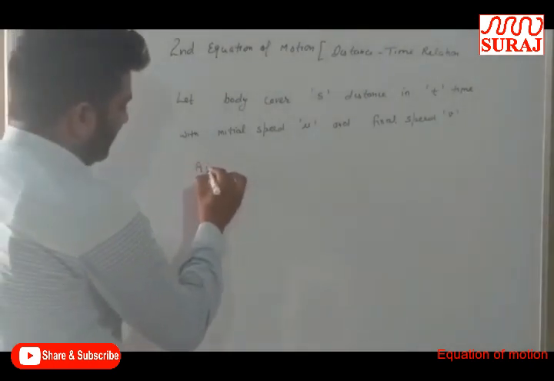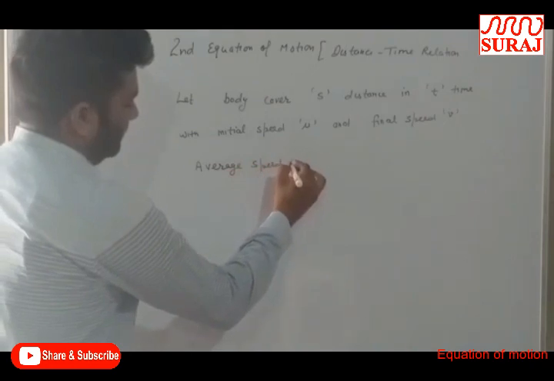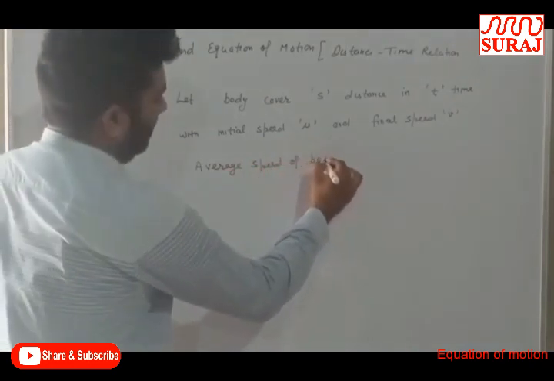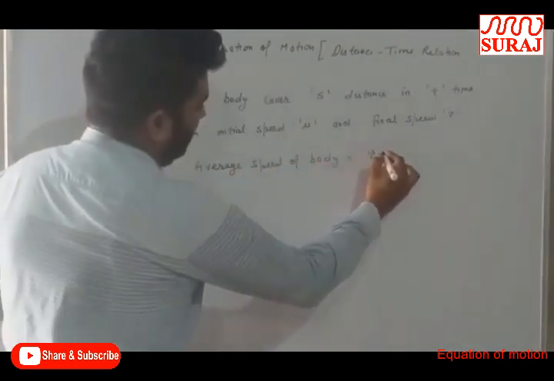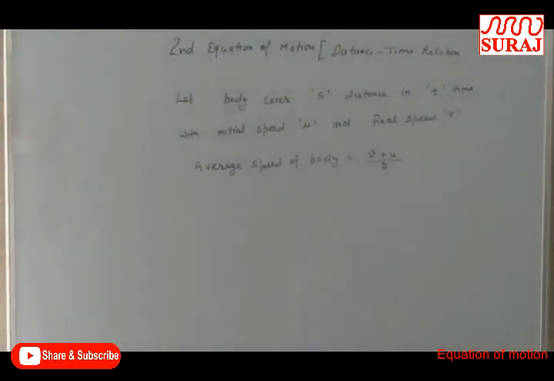So the average speed of the body will be equal to final speed plus initial speed divided by 2. This is the average speed.